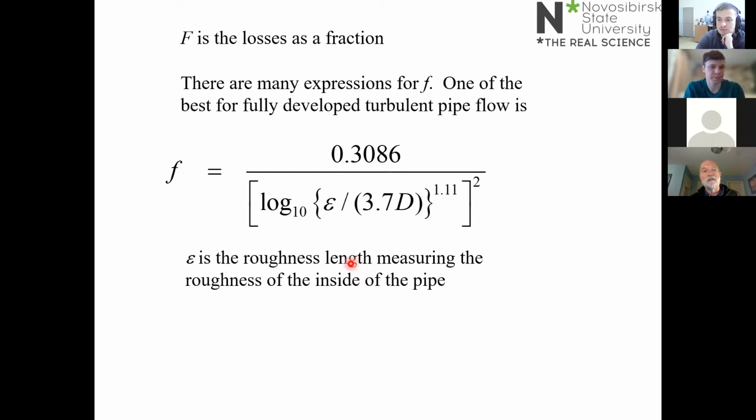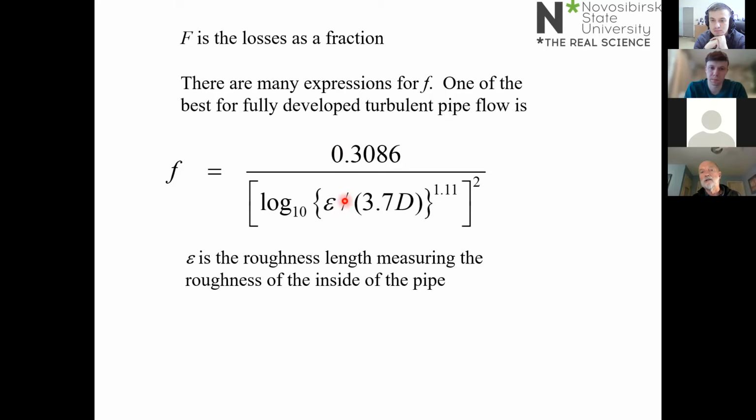a friction factor has to account for the roughness of the pipe. So this epsilon is a measure of the pipe roughness. D is the pipe diameter. And this is a purely empirical equation. In other words, it's an equation that has been developed over many years with practical experience for checking out how these equations work.